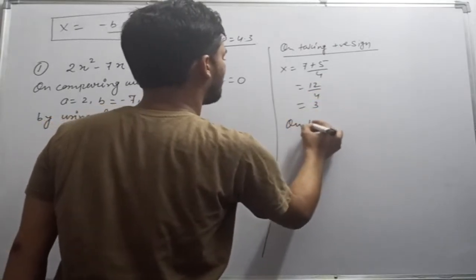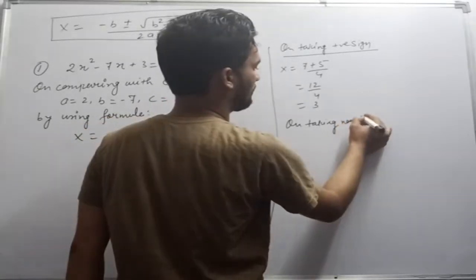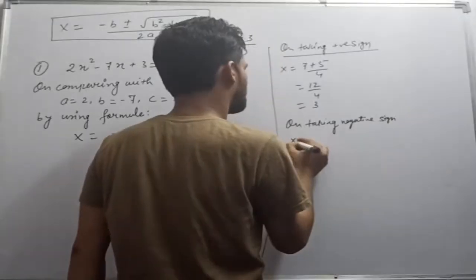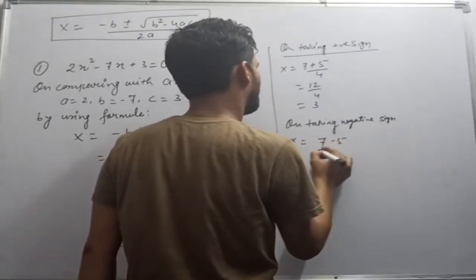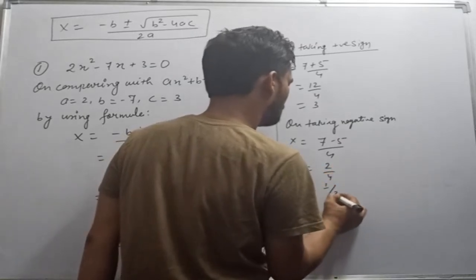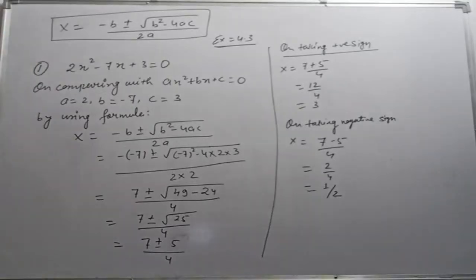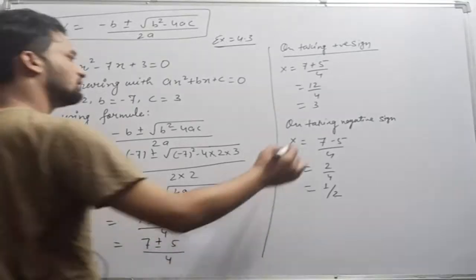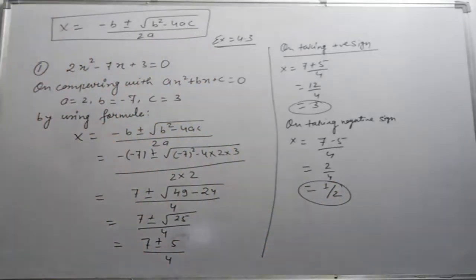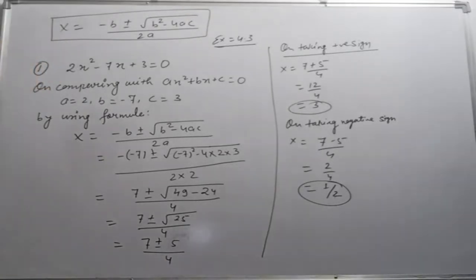And on taking the negative sign, x will be 7 minus 5 upon 4, that is 2 by 4, which is equal to 1 by 2. So 2 roots, as you know, a quadratic equation has degree 2, so roots must be 2. One root is 3 and the other root is 1 by 2. The rest of the questions you can solve by using the formula method. Thank you.